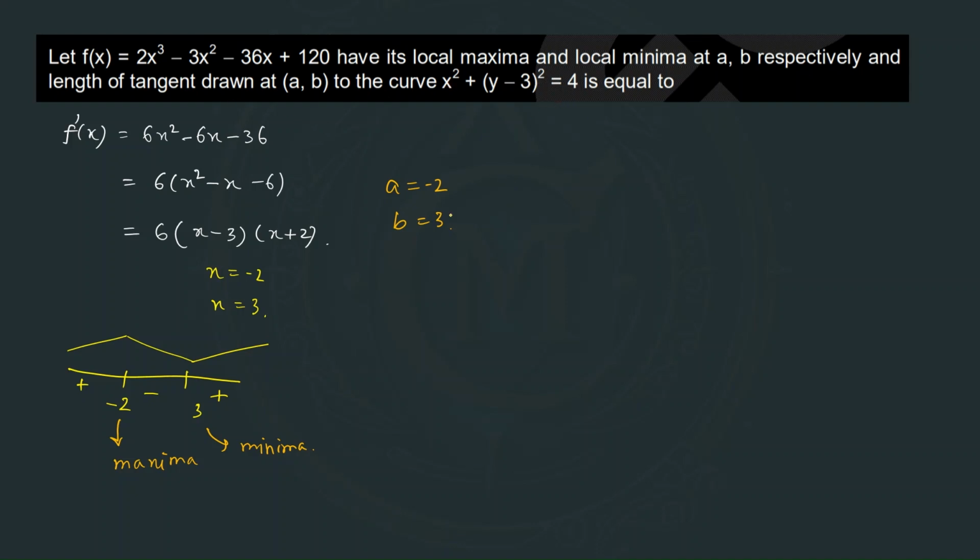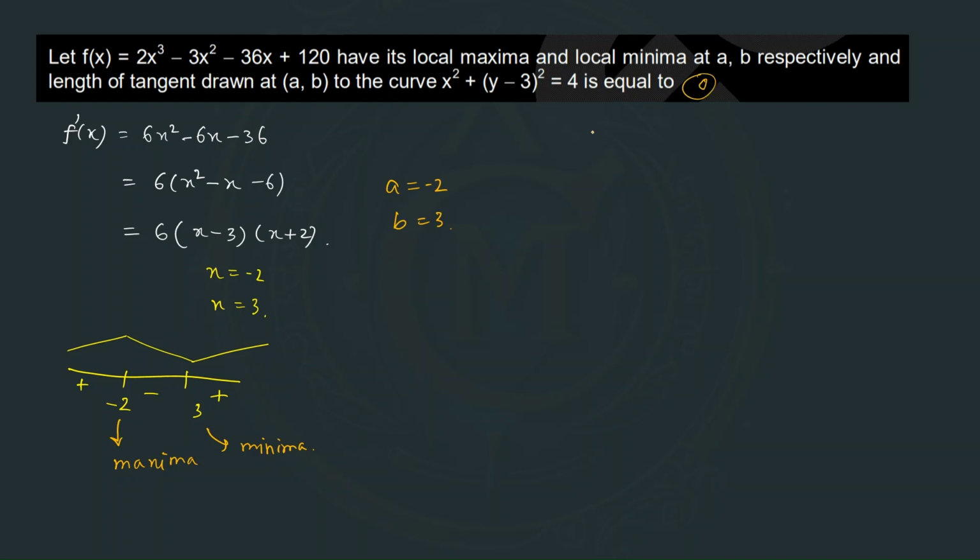Okay. Now if we observe carefully, this point itself lies on this curve. Now here one thing I want to point out: always read the language carefully. If it were given that the length of tangent drawn from (a, b) to the curve is what, then the answer should be straightforward, 0.